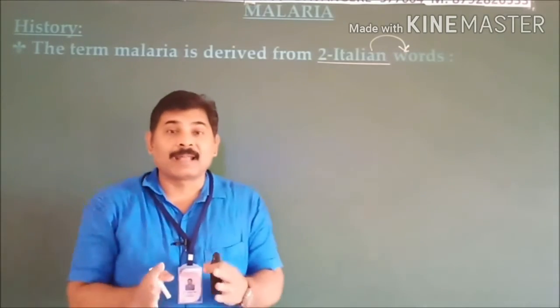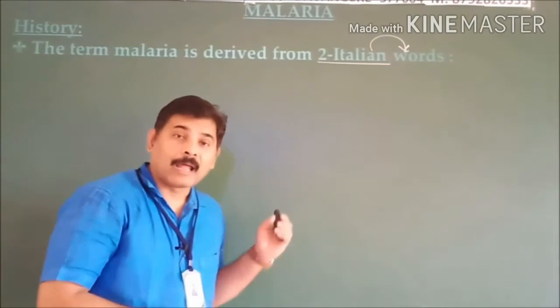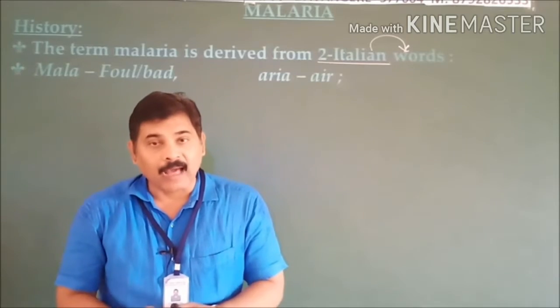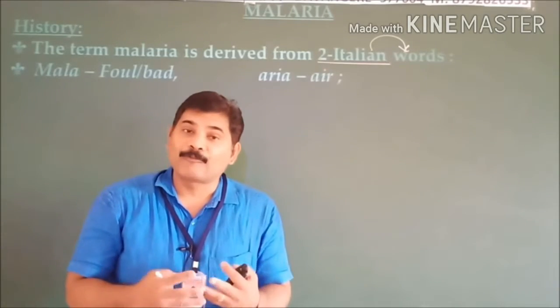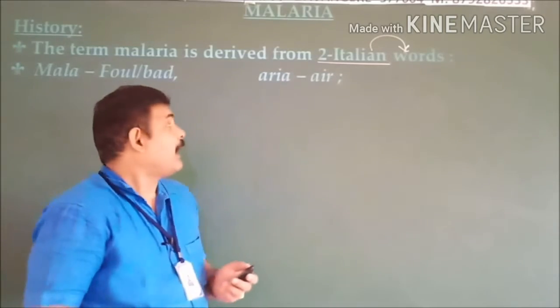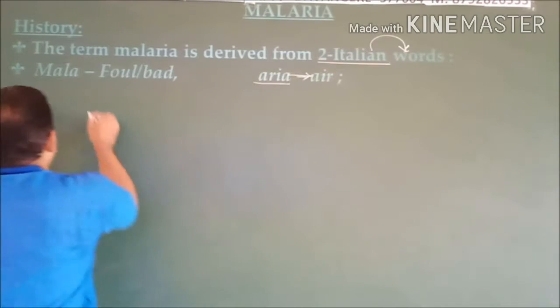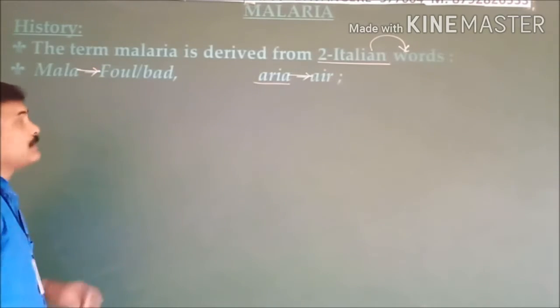Malaria is a combination of two Italic words. One is mala. The meaning of the word mala is bad or foul. And the second term is aria, and that aria means air.